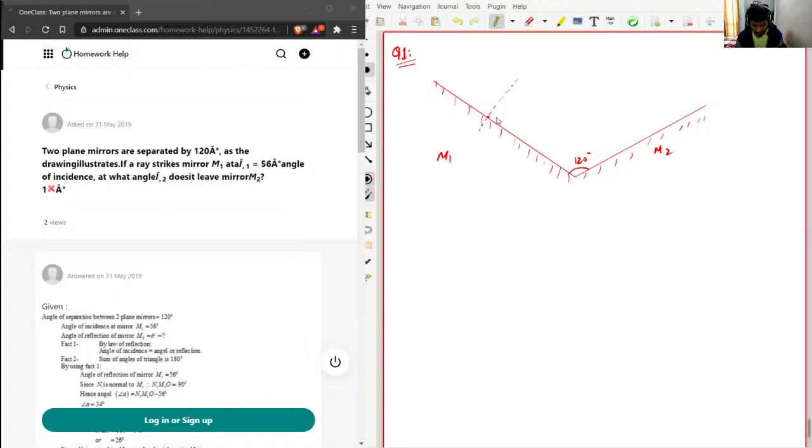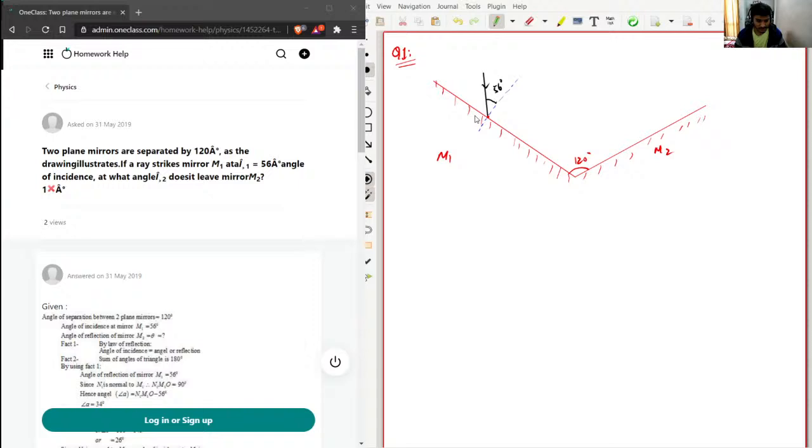The ray is coming from here, and it is making 56 degrees here, and there is a property of reflection.